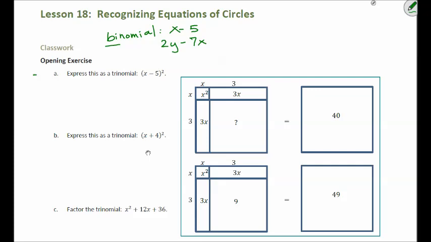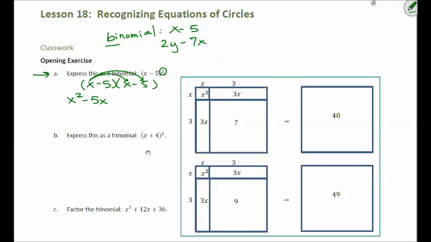Okay? Now in A, we're asked to express this as a trinomial. And we're given a binomial that is being squared. So what does squared mean? Well, squared means that thing times itself. So x minus 5 times x minus 5. And to expand this, I'm going to use what's sometimes called FOIL, but it's really the distributive property. So x times x is x squared, and x times negative 5 is negative 5x.